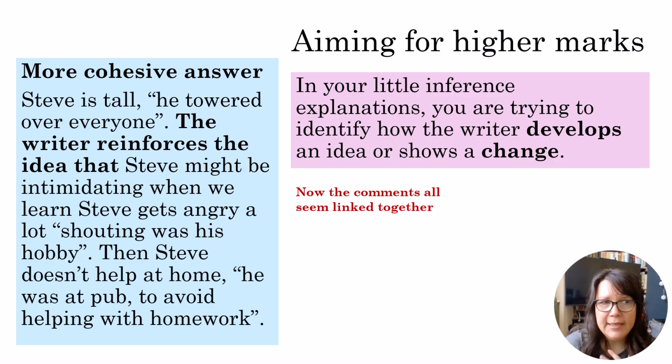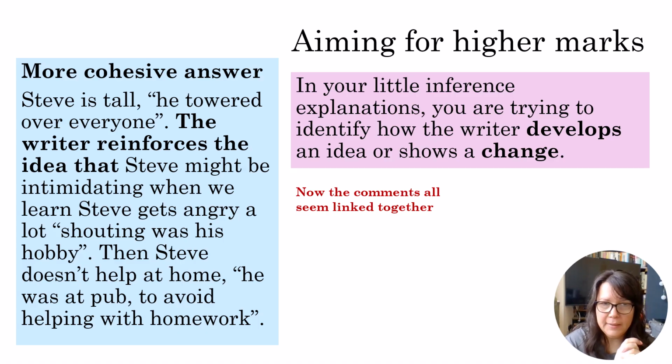And a more cohesive answer would be using the same information that we had in the previous bit by bit answer. Steve is tall. He towered over everyone. The writer reinforces, or the writer develops, or the writer continues the idea that Steve might be intimidating when we learn he gets angry a lot.